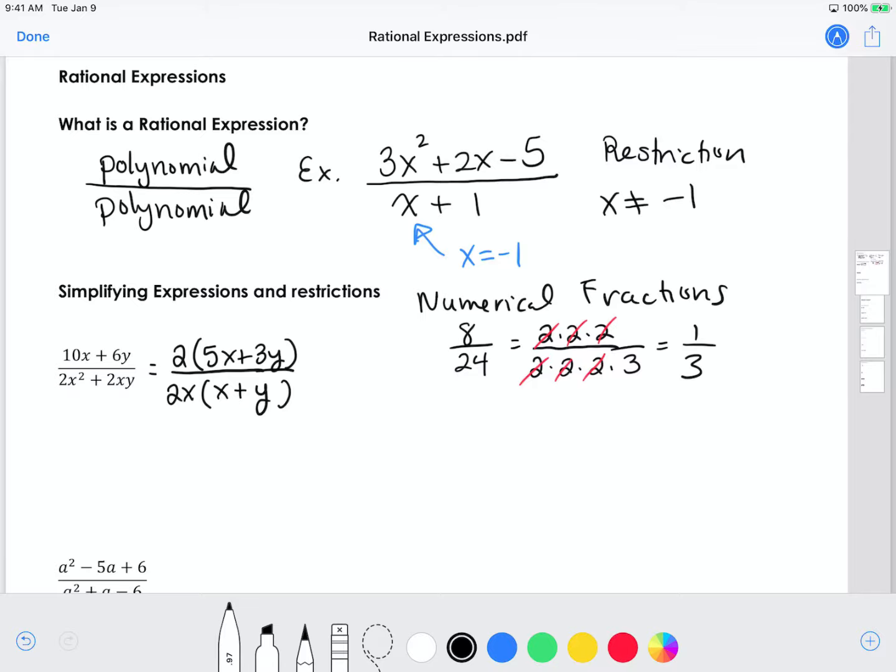In the numerator, I have two factors: 2 and 5x plus 3y. In the denominator, I have three factors: 2, x, and x plus y. What they have in common is 2, so I'd cross off the 2's, and whatever is left is my simplified expression: 5x plus 3y on top, and x times x plus y on the bottom.